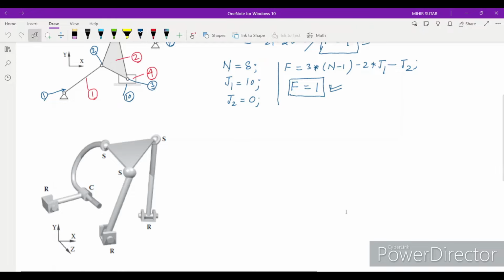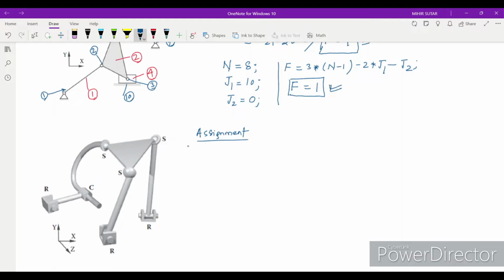So now I am giving you this assignment from the first module itself, in addition to those previous assignments. I just want you to learn this simple MATLAB program. This is one mechanism given to you. Here you can see R, C, S are written.